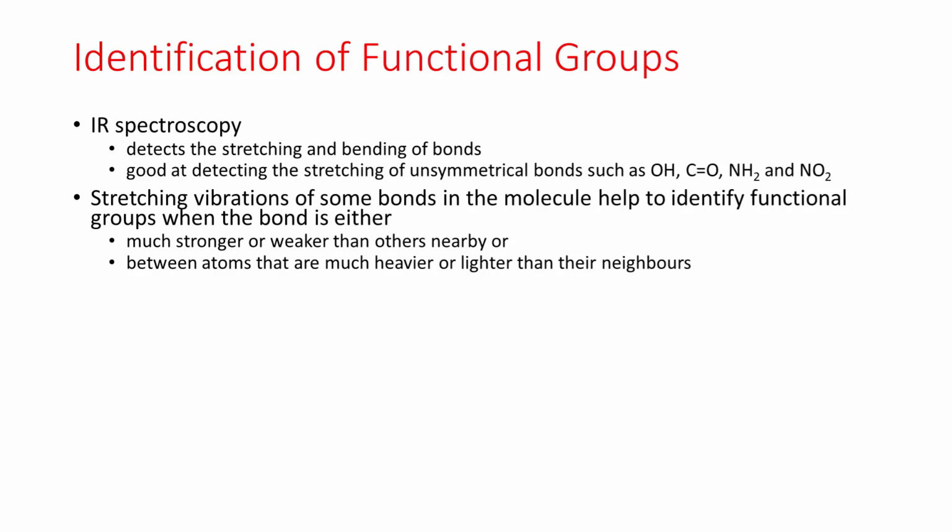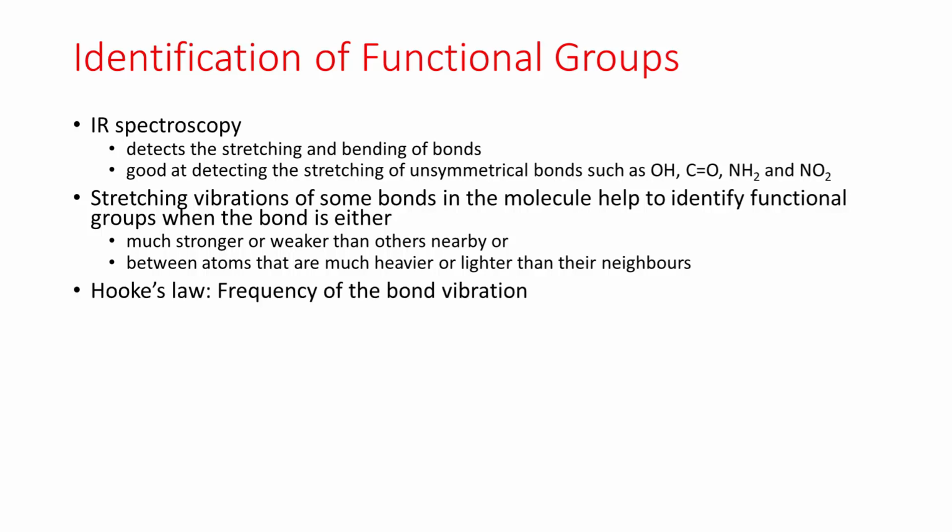Stretching vibrations of some bonds in the molecule help to identify functional groups when the bond is either much stronger or weaker than others nearby, or between atoms that are much heavier or lighter than their neighbors.